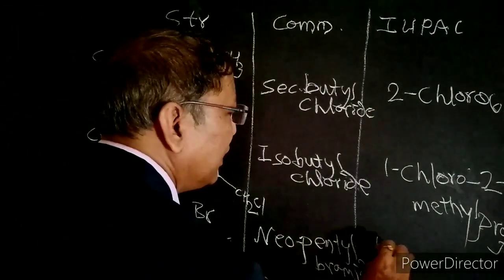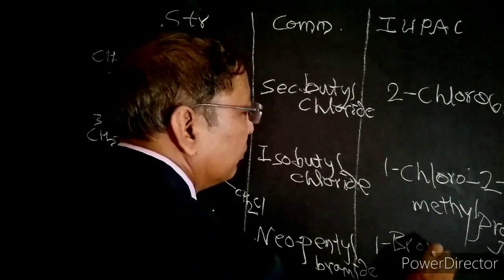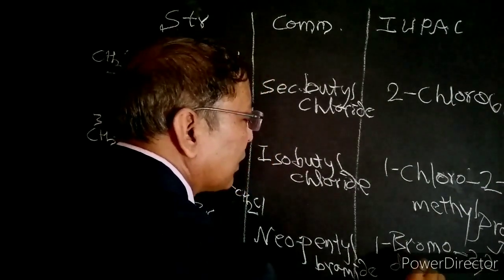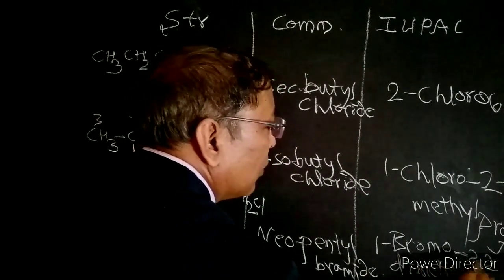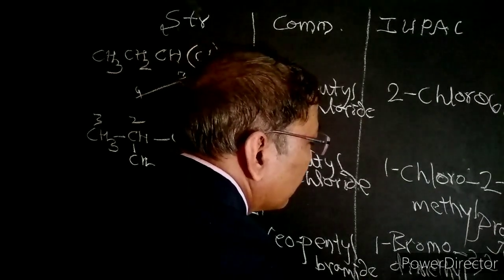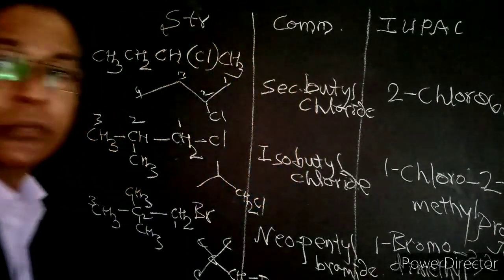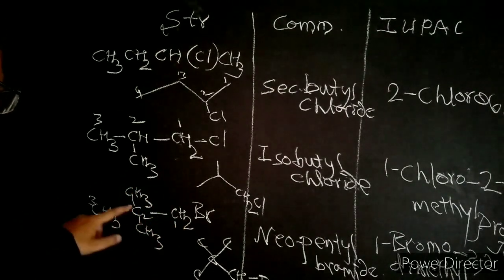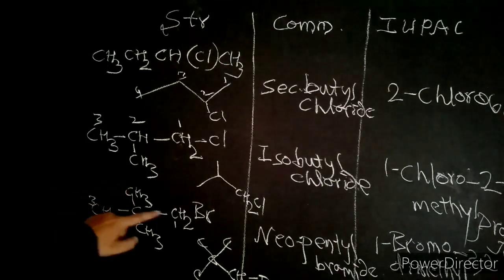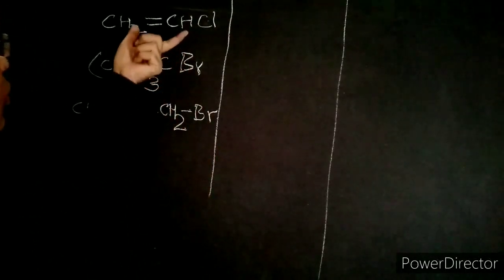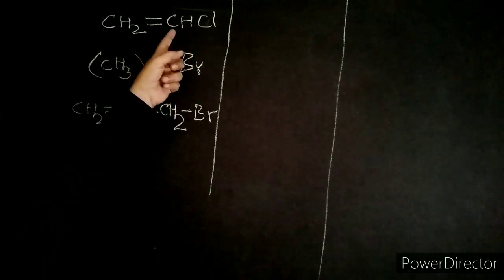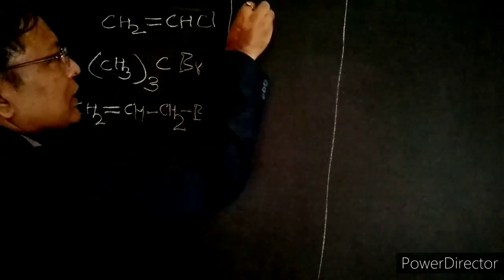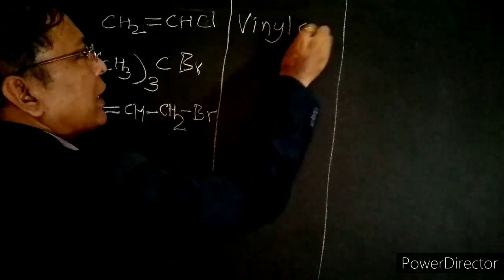So the IUPAC name of this compound is 1-bromo-2,2-dimethyl propane. Now, for the next, the halogen is attached to the carbon having a double bond. Therefore, this is the vinyl group. So, its name is vinyl chloride.